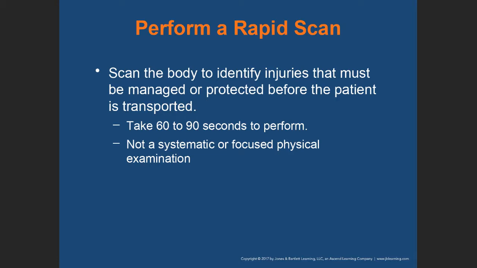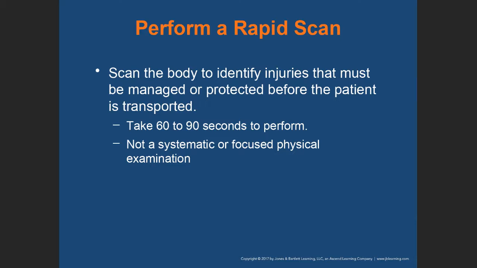Regardless of your trauma patient's ability to tell you what's happening, the mechanism of injury determines if they get a rapid scan. Once you have a trauma patient with a mechanism of injury that is significant, it means that your patient requires a rapid scan.